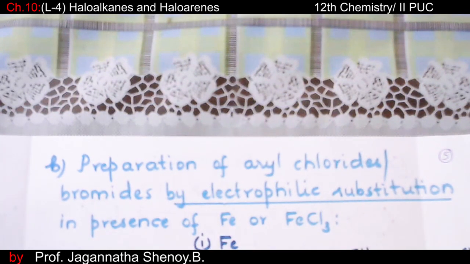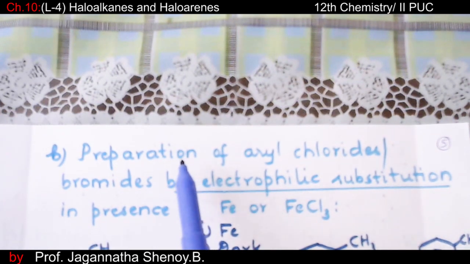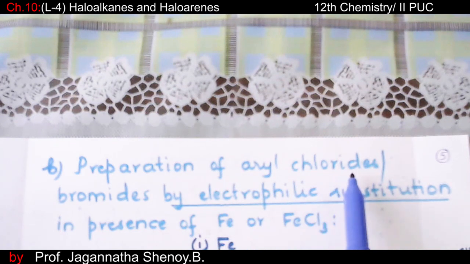Continuing with the method of preparation of haloalkanes and haloarenes from hydrocarbons, now we shall consider preparation of aryl chlorides or aryl bromides by electrophilic substitution in presence of halogen carriers like iron or ferric chloride.